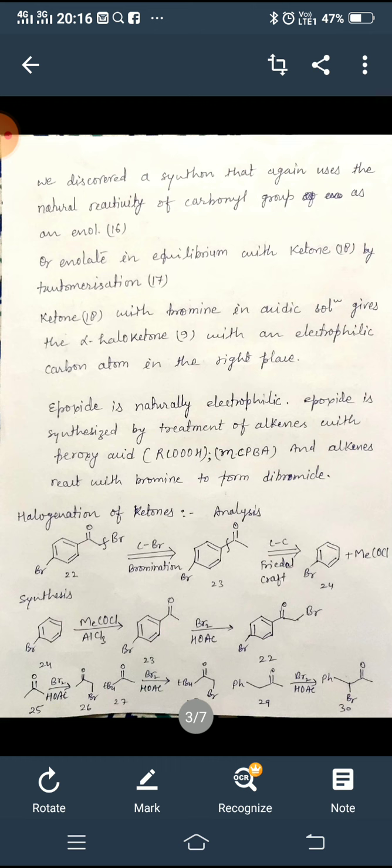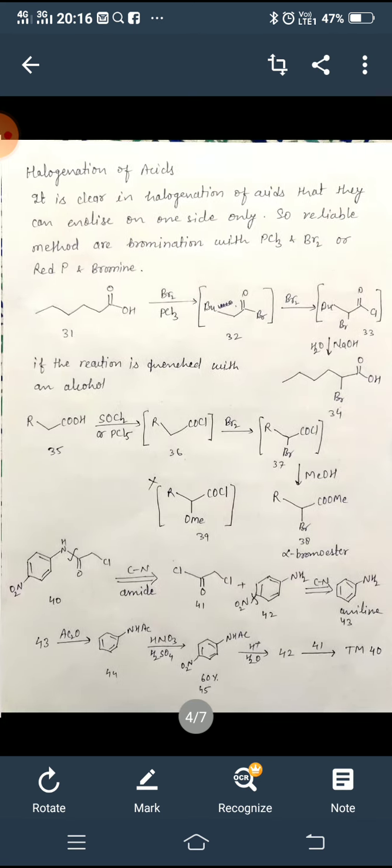The bromination was clean, as the ketone could enolize on one side only, and the reaction is suitable only for ketones that are symmetrical, blocked on one side, or which enolize regioselectively. So this type of reaction takes place.